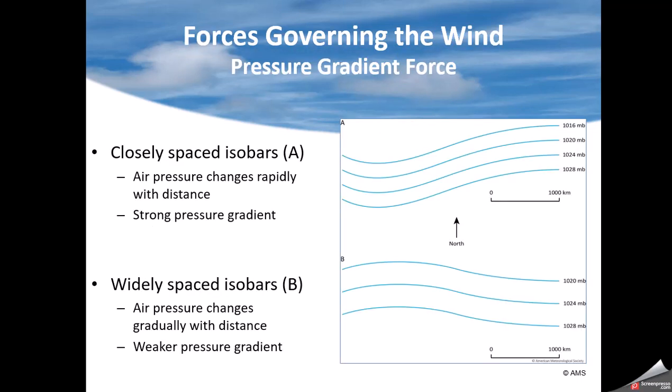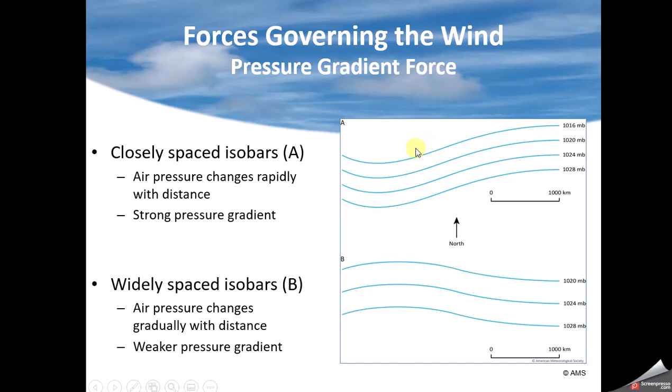So if you have isobars that are close apart, the pressure gradient is going to be pretty strong. So if I have a big high and it's going to a low pressure over here, perpendicular to that, from the high to the low, is going to be a pressure gradient force. The closer they are together, the more I'm going to run downhill to fill in that gap.